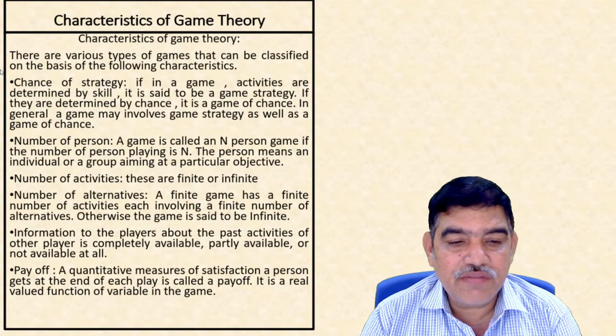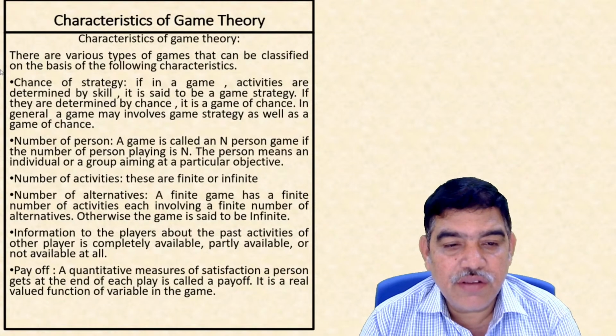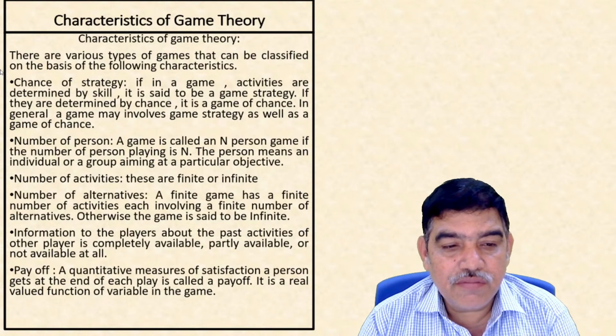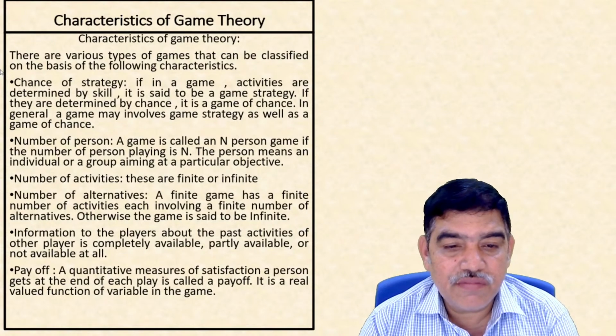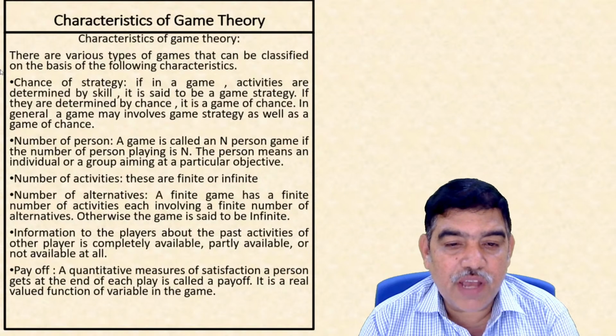So information to the player must be known so that the player can make the strategy how to gain more profit or how to win the game. So the past activities of other players are required.